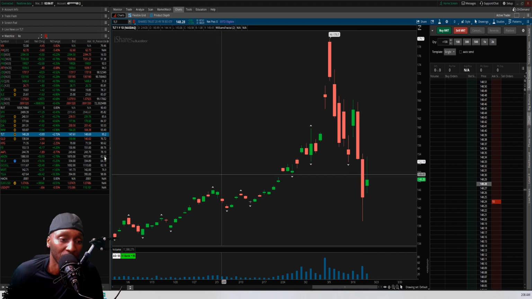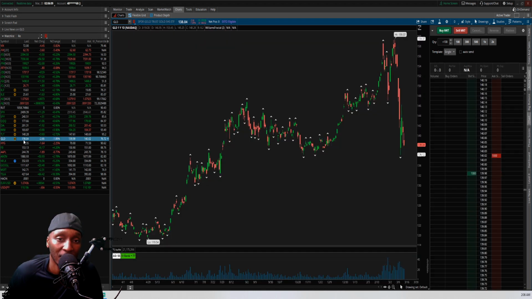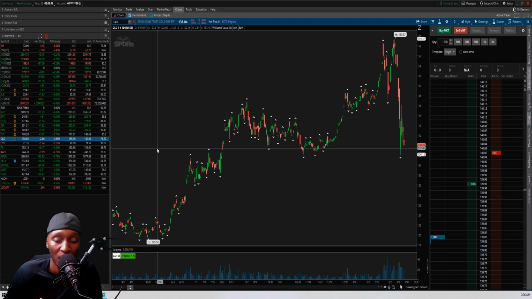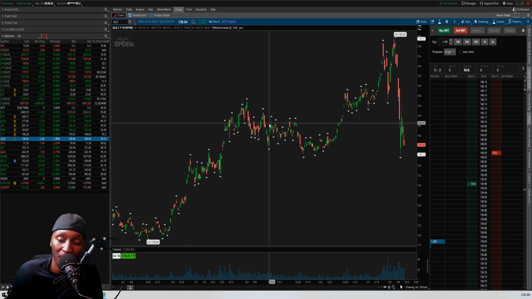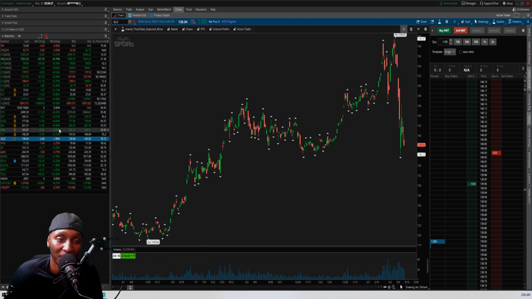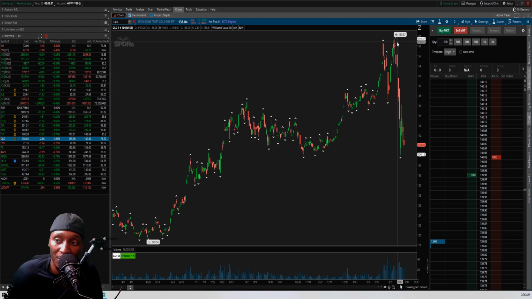GLD, if you wanted to invest in a gold ETF, this is the gold ETF. So if you wanted to buy gold or the ETF for gold, that's what this is. It's a basket of stocks that make up this particular gold ETF. And you can see that it was at 159.